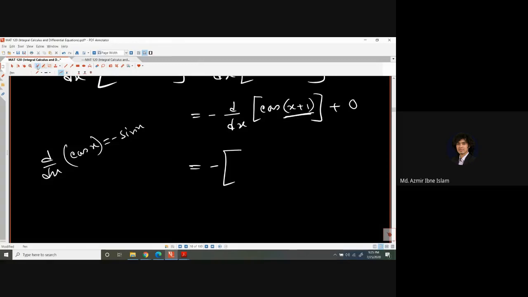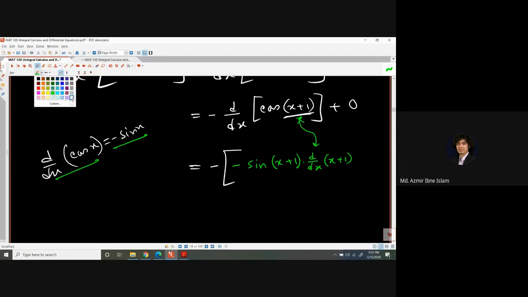At first consider x plus 1 as a simple x. Differentiation of cosine x is negative sine x, so differentiation of cosine of x plus 1 will be negative sine of x plus 1. And remember, you have considered x plus 1 as x, so it should again be differentiated, and these two parts are multiplied. This is called the chain rule.